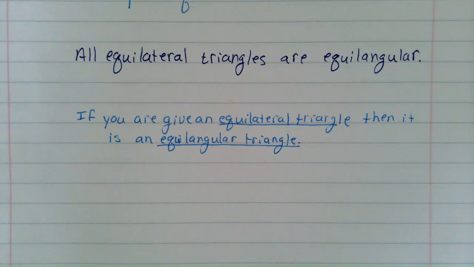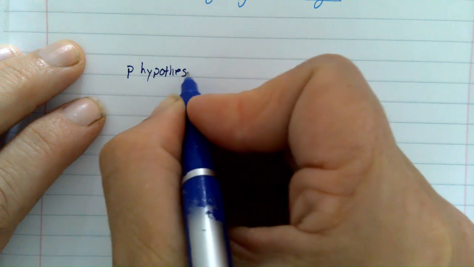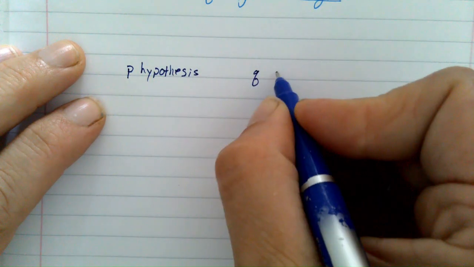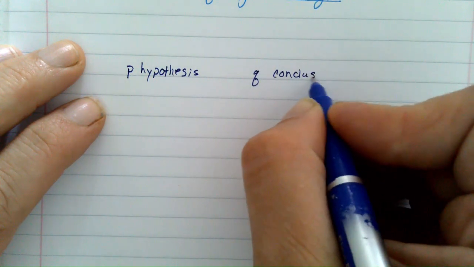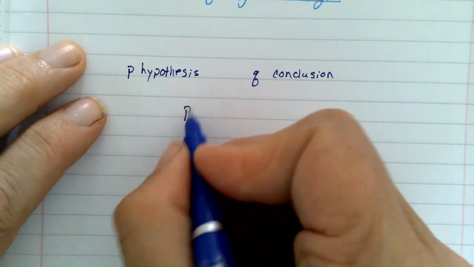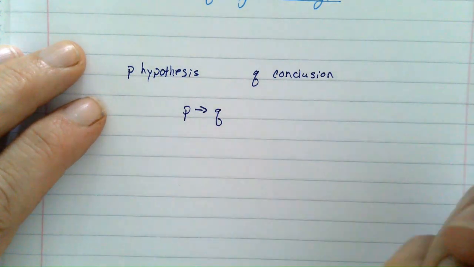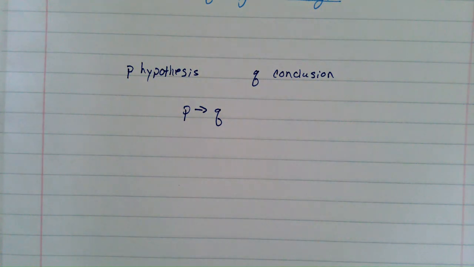So we need to be able to find out whether these statements are true or false. Okay? So it's called a truth table, is what they do. So again, P is your hypothesis. Q is your conclusion. And this would read if P, then Q. So are these items true or not?